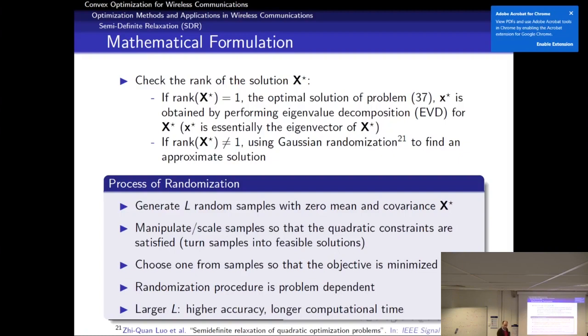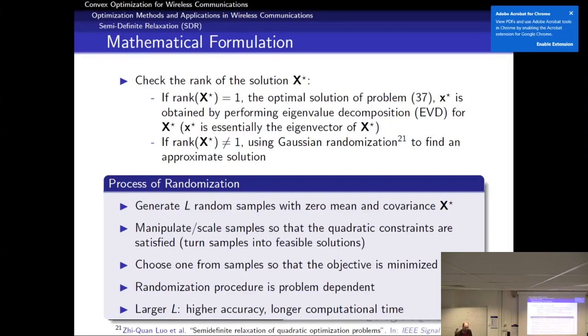Now, if X is not rank 1, then you have multiple methods that can be used, and those methods depend on the problem formulation. So I don't give you here a general solution, but one solution is what is called Gaussian randomization. You view X as a covariance matrix and you generate vectors x that are Gaussian distributed, whose covariance matrix is equal to that.